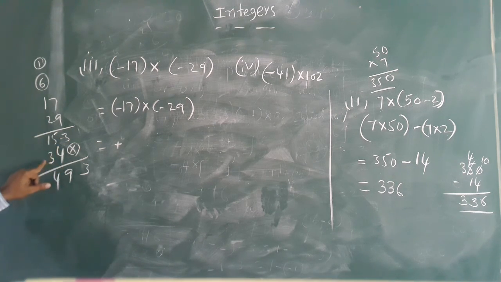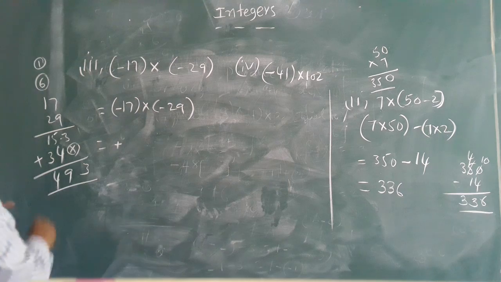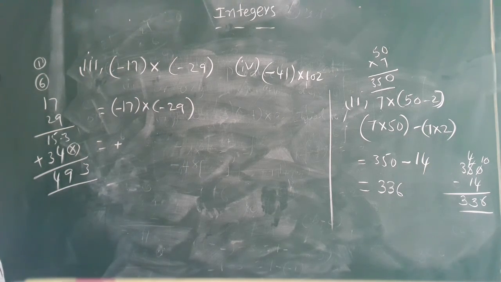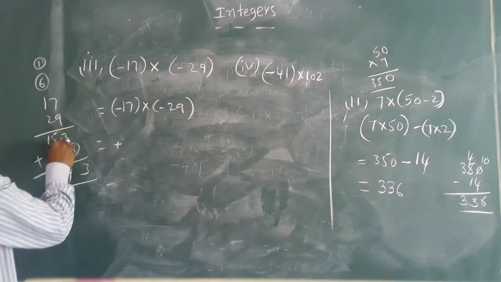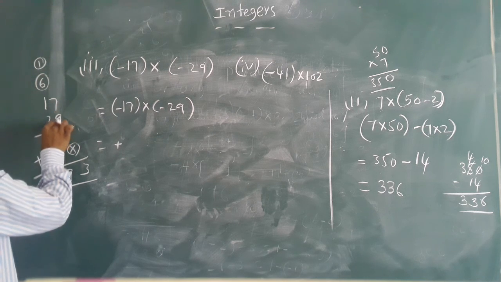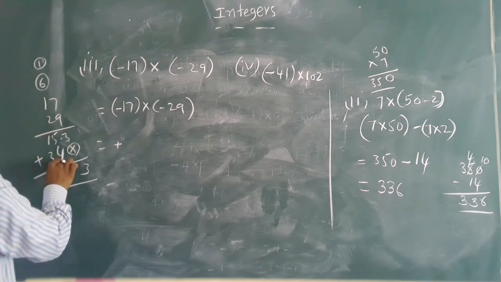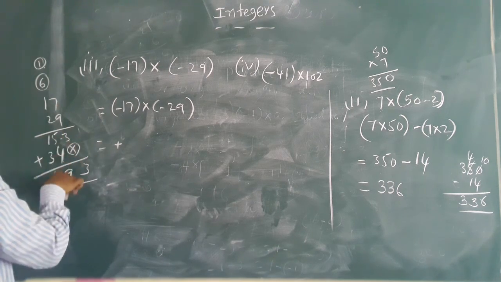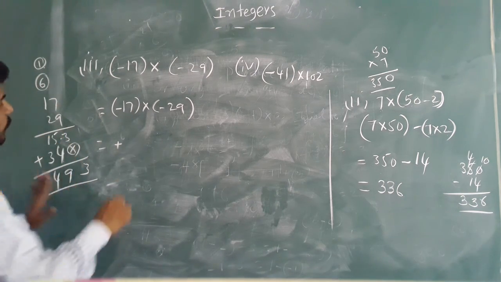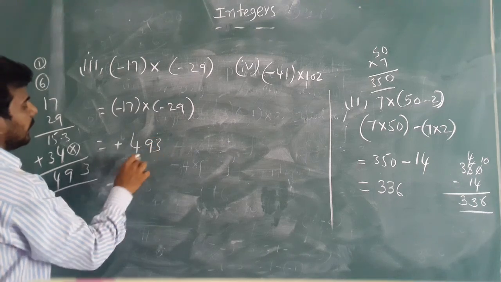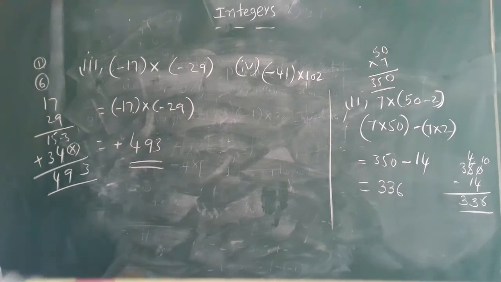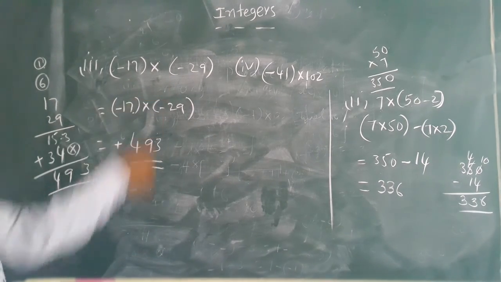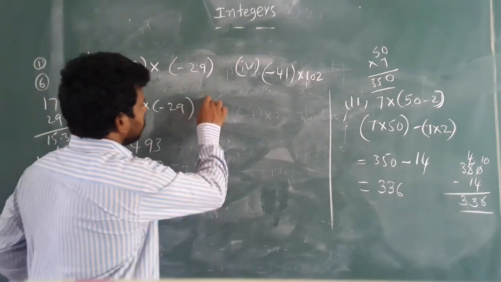So 153 plus 340 value is equal to how much, children? 493. 7 9s are 63, 6 carry, 1 9s are 9 plus 6, 15, 2 7s are 14, 1, 2 1s are 2 plus 1, 3. So 3 9 4. This value how much, children? 493.